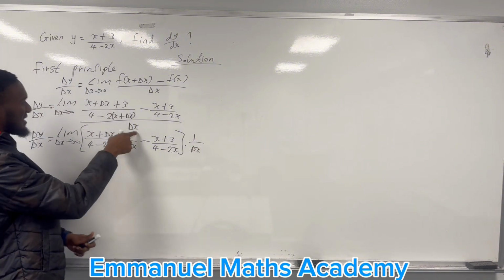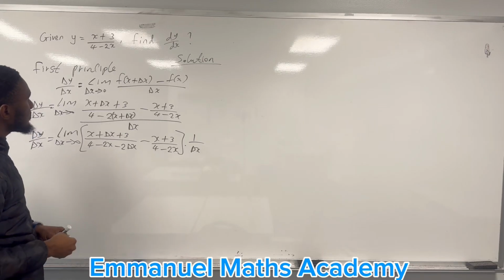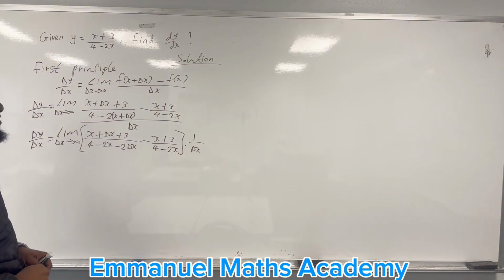So I just placed this delta x outside. What do we do next? We simplify further.